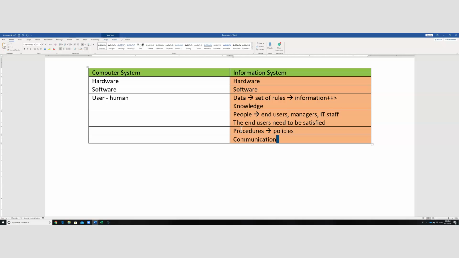Mostly it's based on how we use it to create a better environment where we could make better decisions, quicker decisions, more informed decisions. Hopefully we'll get the right decision to the right person at the right time. So an information system is a very critical component of any organization. I would never imagine an organization without an information system. That would take us back in time to the Stone Ages.